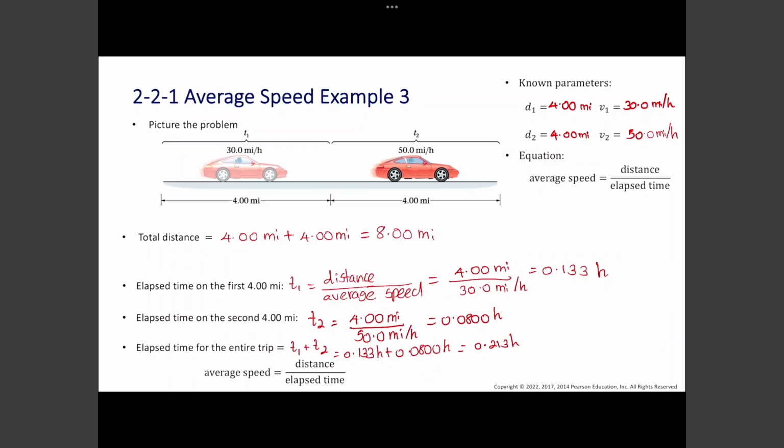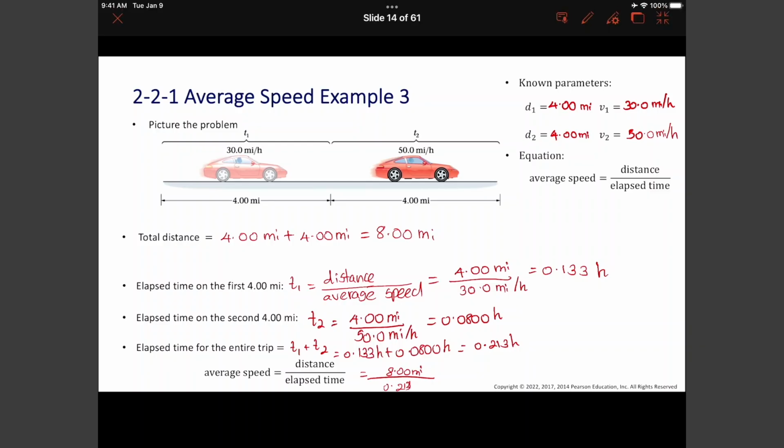Now we can find the average speed for the entire trip, which is equal to distance over elapsed time, and we found that total distance is 8.00 miles and the time is 0.213 hours.